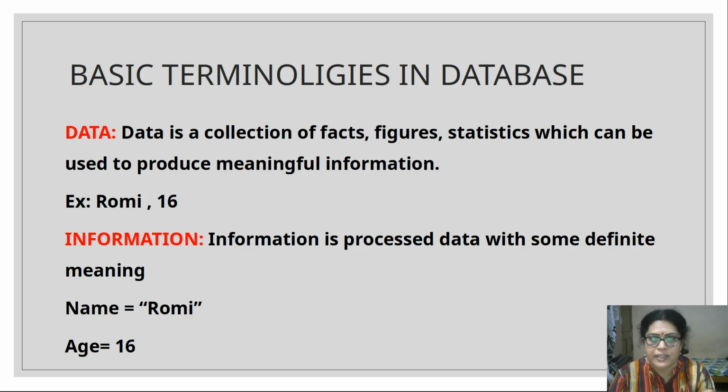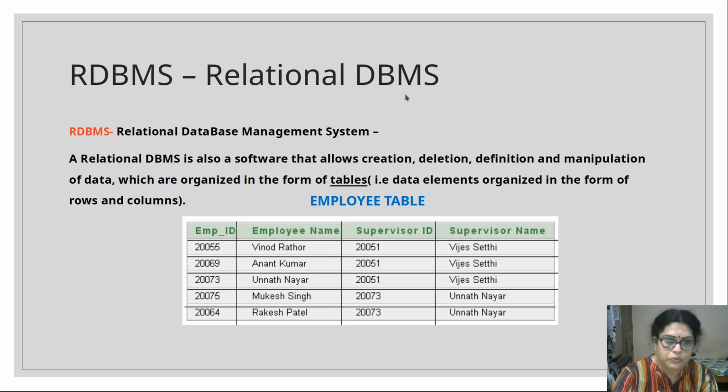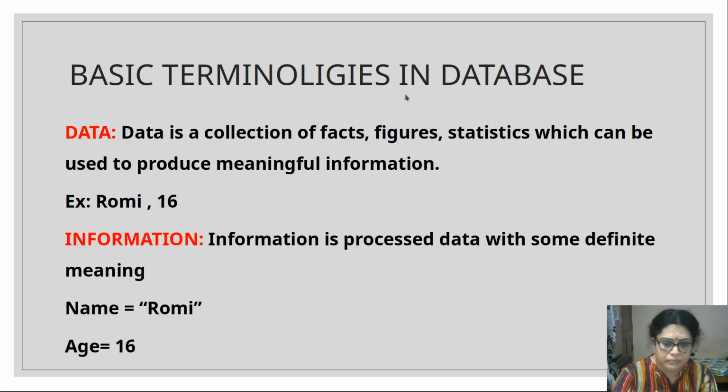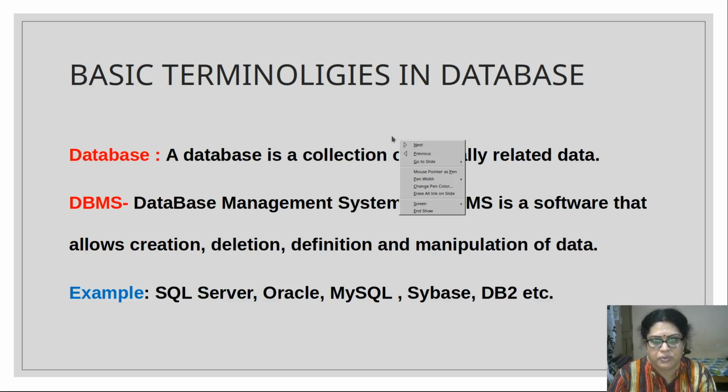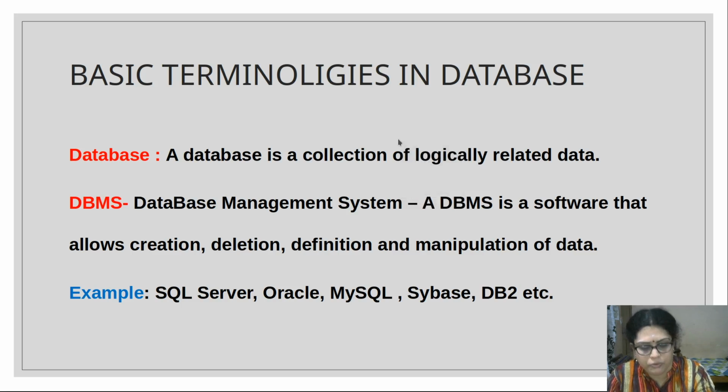For example, I have some group of characters I put there as Romy and some number as 16. Now, what does this actually mean? If I give a particular meaning to this, then the meaningful data is known as information. So what do I mean by meaningful data?